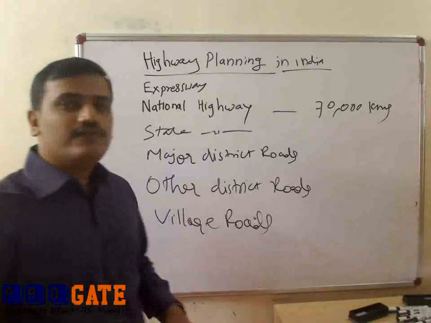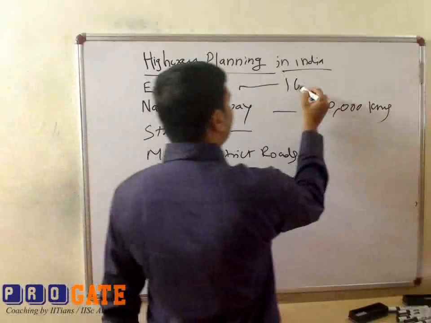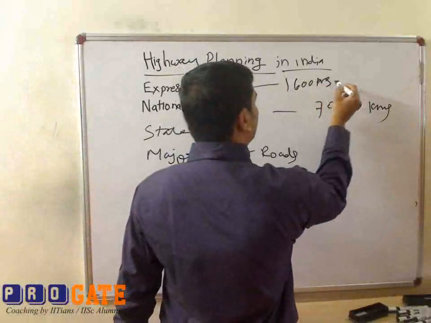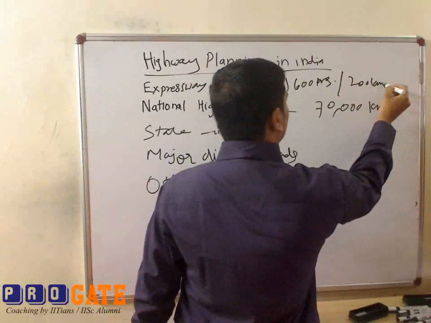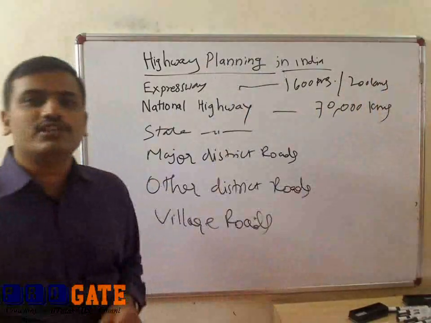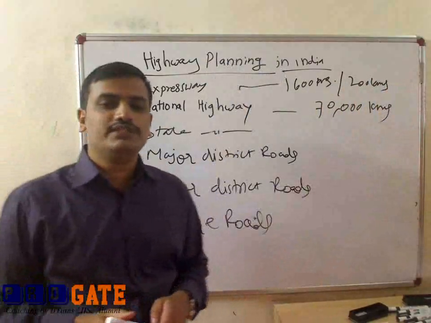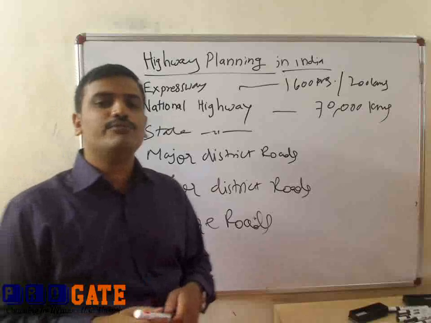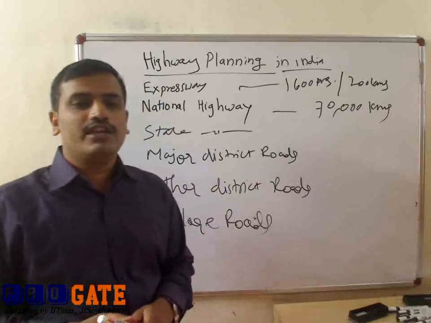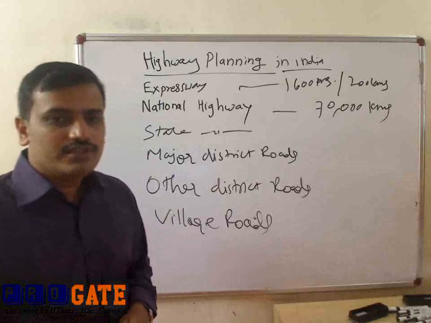NHAI has planned 1,600 kilometers of expressway, out of which 200 kilometers of expressway is already in place and running well. One is the Mumbai-Pune expressway and another is the Ahmedabad-Vadodara expressway.